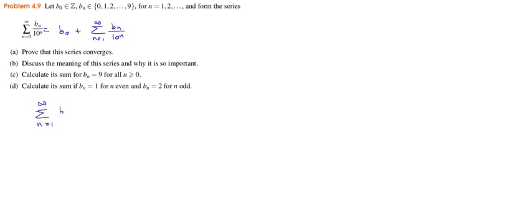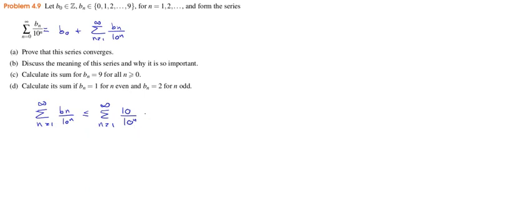Okay, b sub n over 10 to the n. Now all of the b sub n's are smaller or equal than 9. Or you could say smaller or equal than 10, for instance. So smaller or equal than the sum from n equals 1 to infinity of 10 divided by 10 to the n, right?